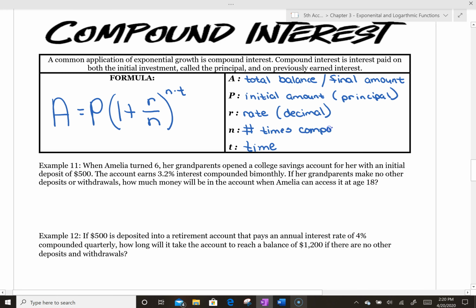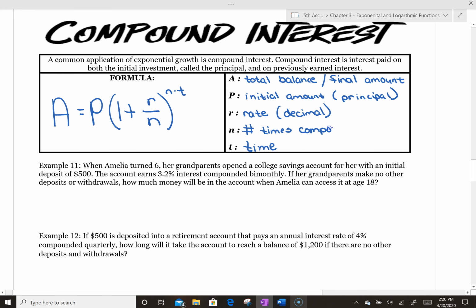If her grandparents make no other deposits or withdrawals, so the only money that was put in there was the $500, how much money will there be in the account when she can get it at age 18? So if they did it when she was 6, we want to know how much at 18, how many years is that? And hopefully you said 12.